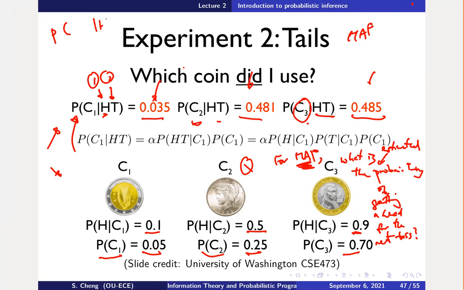The observation is getting a head and then a tail, first head, second tail. Now we ask what will be the probability that the third toss, outcome 3, will be a head. This will be the Bayesian approach of answering this question.